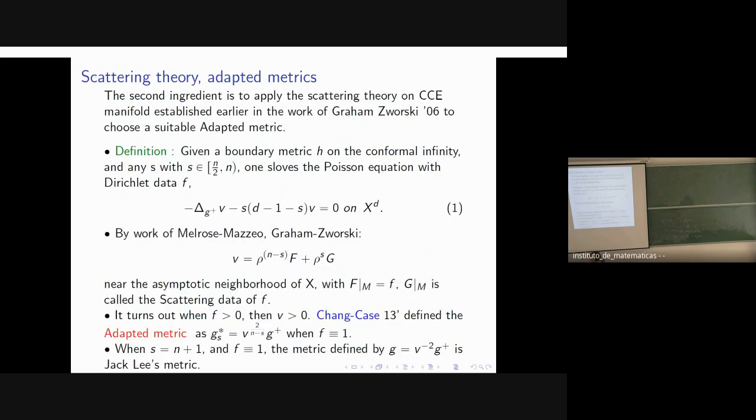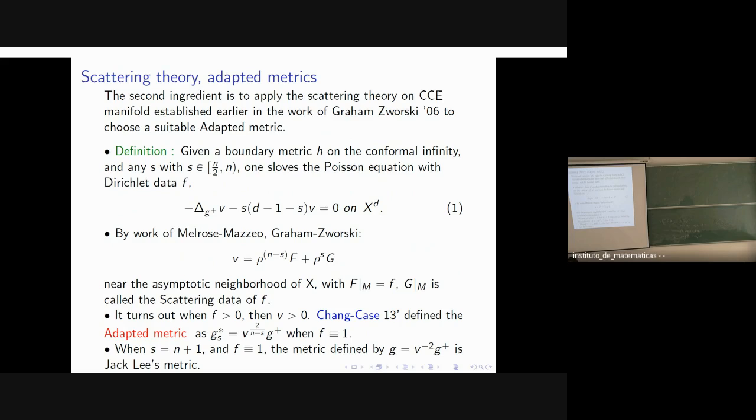And then the second ingredient, which I also spent a lot of time talking about, is what we call the adapted metric. Adapted metric, recall, is defined in the following way. We have this CCE class. We look at the Poisson equation, where this d minus 1 is my n: minus Laplacian minus S n minus V equals 0.